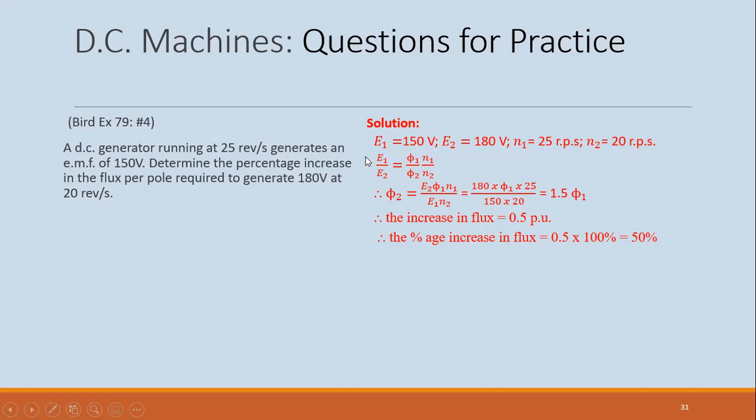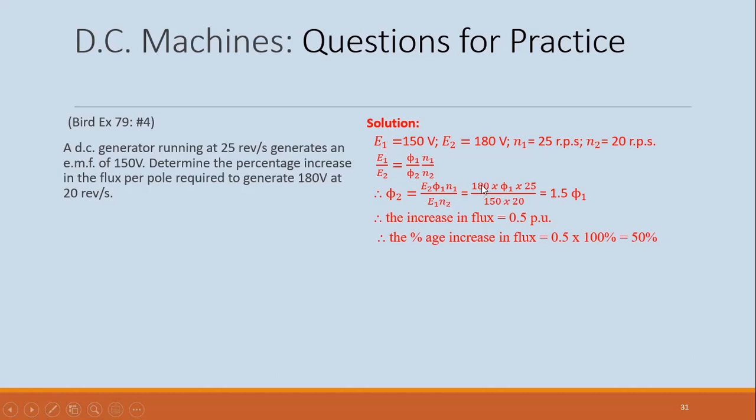So again, we'll write this relationship: E1 over E2 will be equal to K phi 1 N1 over K phi 2 N2, and the K's cancel. Making phi 2 the subject of the formula, because we want to see what the new flux is and how much it has changed, phi 2 would be equal to E2 times phi 1 N1 divided by E1 N2.